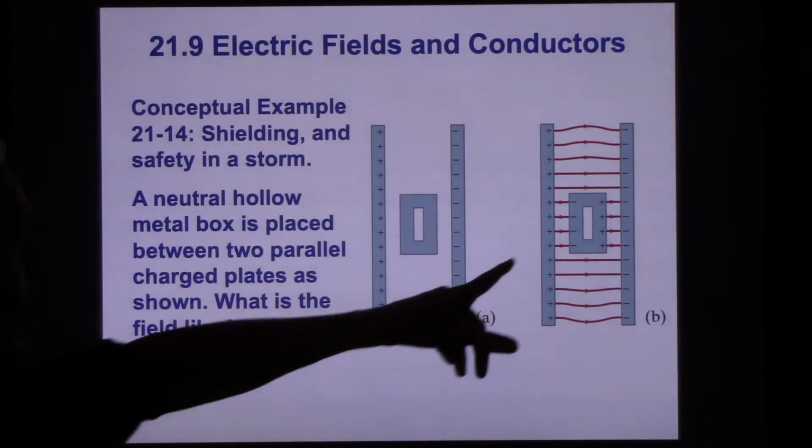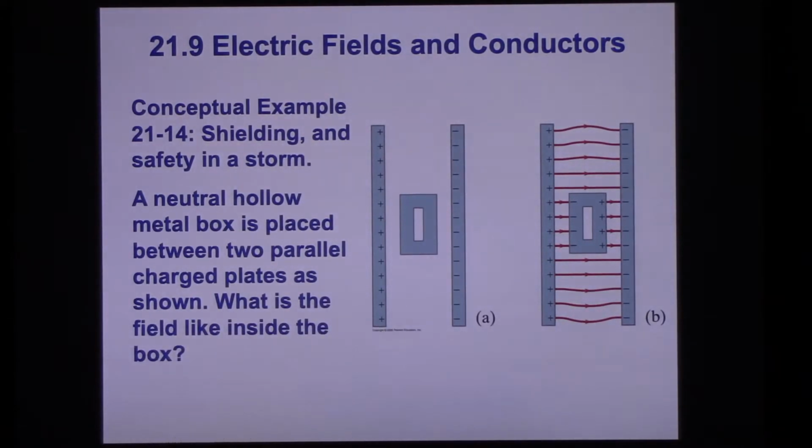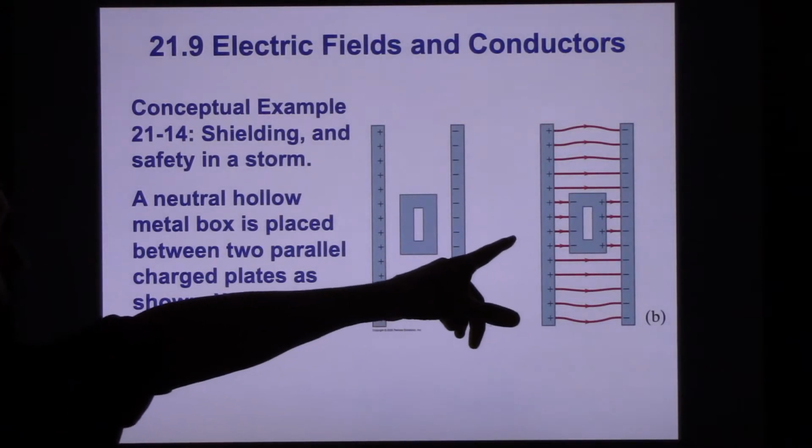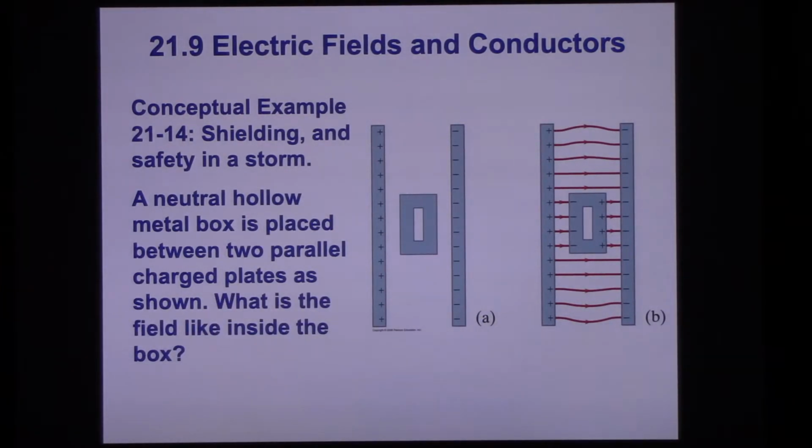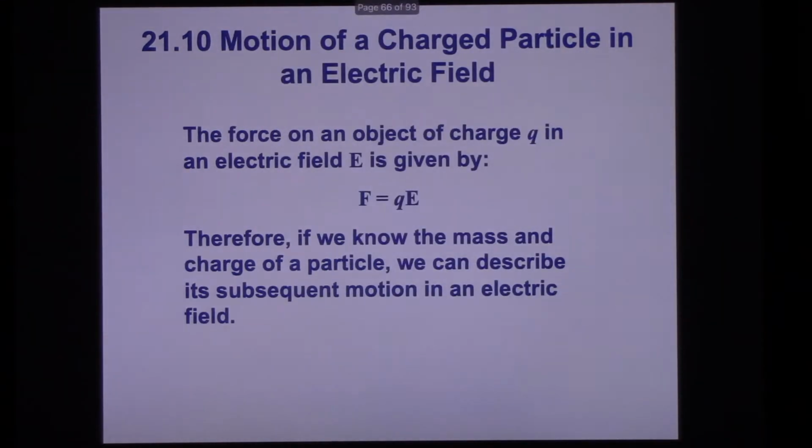Okay, there's enough electrons in the metal box that you're in that the electric fields are canceled out by those moving electrons. The electrons respond quickly enough, I hope, I guess I'm thinking with lightning this happens fast enough, that the contents inside that metal box don't experience that large electric field.